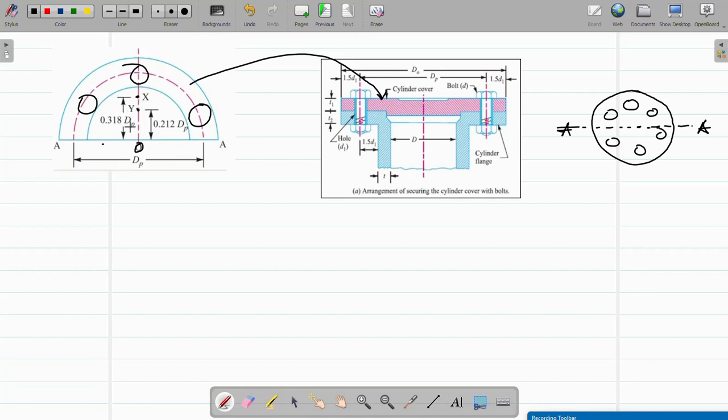Now if you look at 3 bolts, it has a load center, because if 3 bolts are there, they generally make a triangle like this. There is a centroid of this triangle. As per standard, this centroid of the bolt pattern must lie on X, and it must be equal to 0.318 dp, diametral pitch.